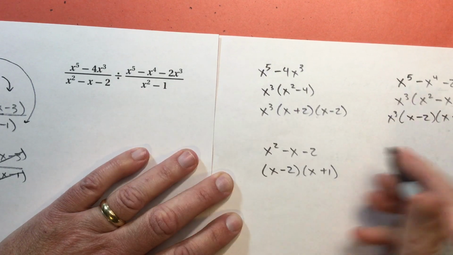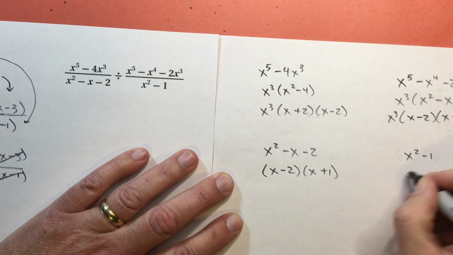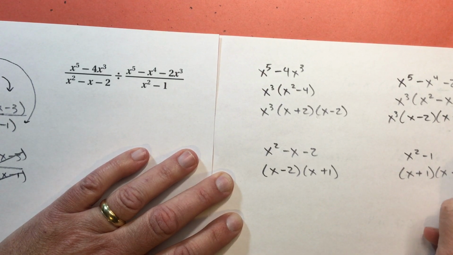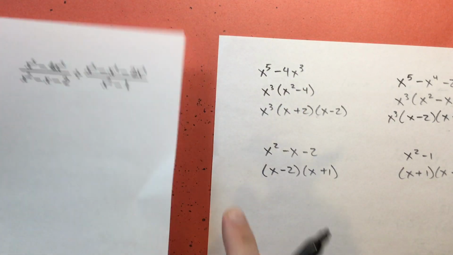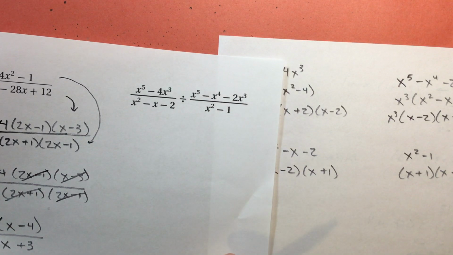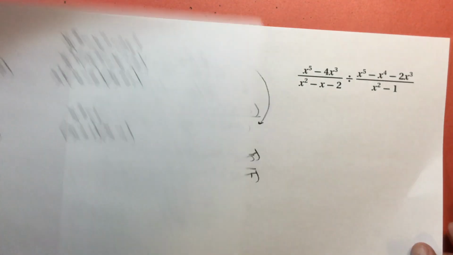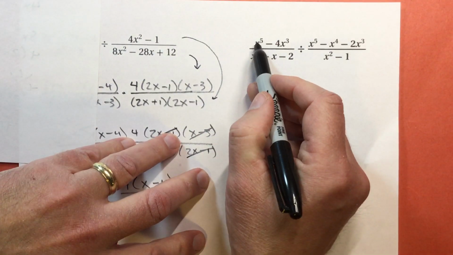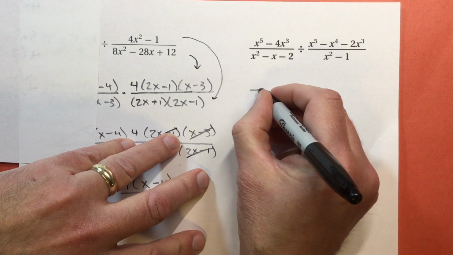And this one, x squared minus 1, that's the difference of two squares, x plus 1 times x minus 1. Okay, so now I've got all of my numerators and denominators factored. I'll keep that off to the side. I'm going to rewrite this.